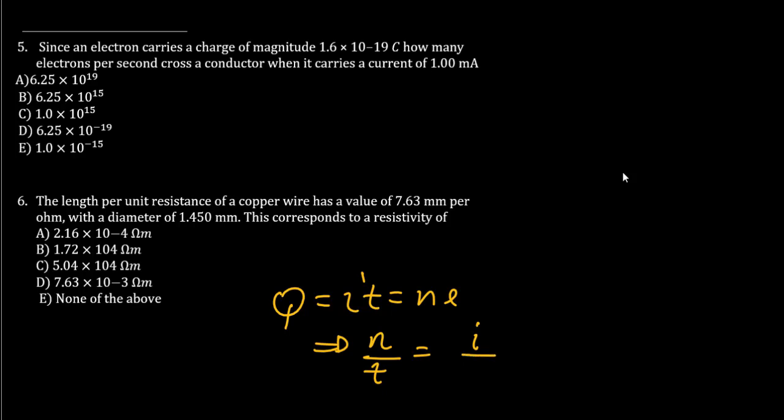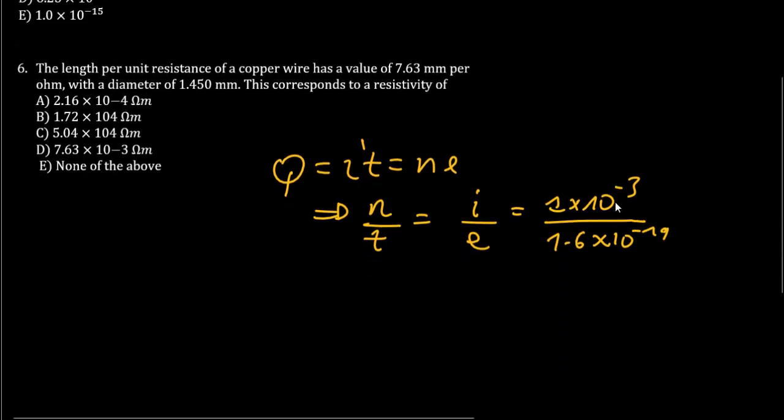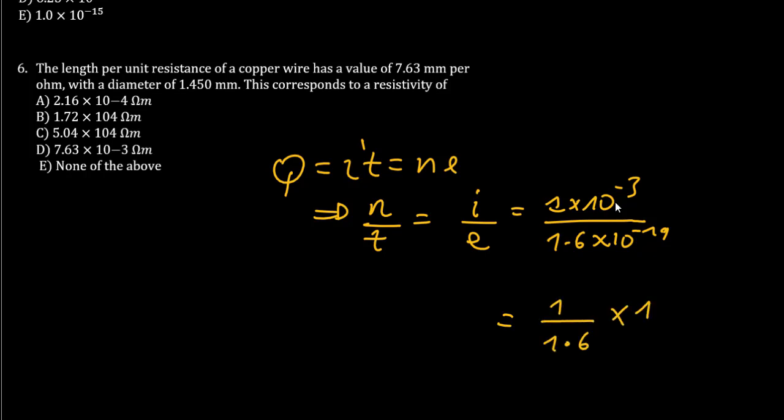n over t will be equal to I divided by the electronic charge, and I is given by 1 milliampere. That will be 1 times 10 to the negative 3 amperes divided by the electronic charge, which is 1.6 times 10 raised to the negative 19. If 19 goes to the numerator, we get 1 divided by 1.6 times 10 to the negative 3 plus 19.